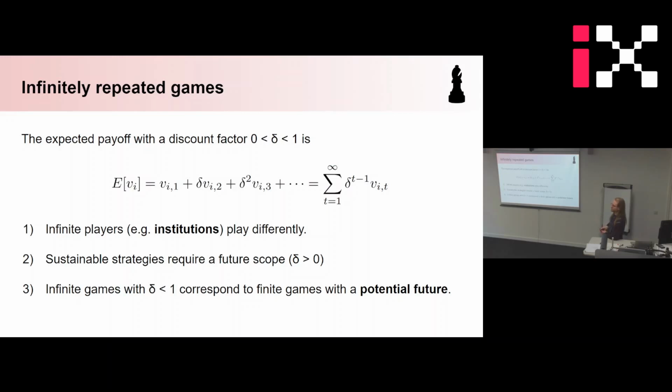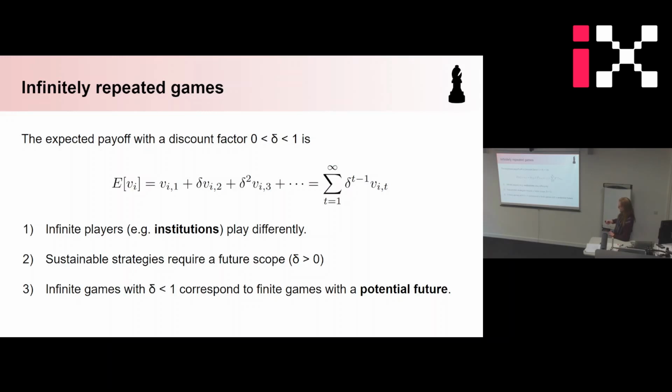And so states, for instance, or law firms or companies are infinite players because they play for tomorrow as well. So if you have an interaction between two people and you put a law firm in between, the law firm will regulate because they care about the reputation of the law firm, not just about this one transaction. Also, of course, if you only care about your profit, your strategy overall will not be sustainable.